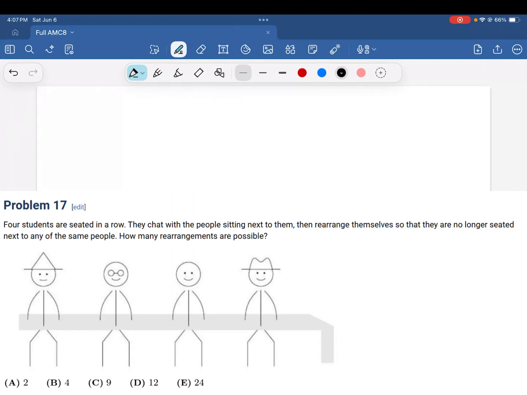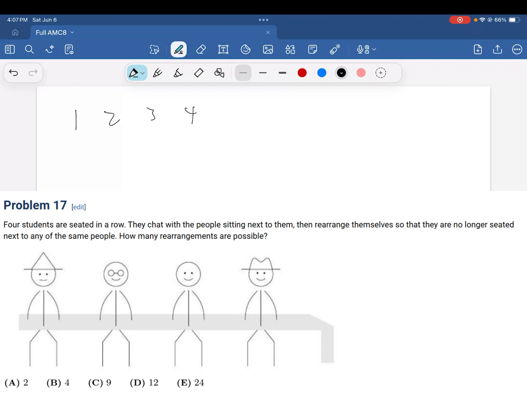Next, problem 17. 4 students are seated in a row. They chat with people sitting next to them, then arrange themselves so that they're no longer seated next to any of the same people. How many rearrangements are possible? I'm going to label these guys persons 1, 2, 3, and 4, just for simplicity.